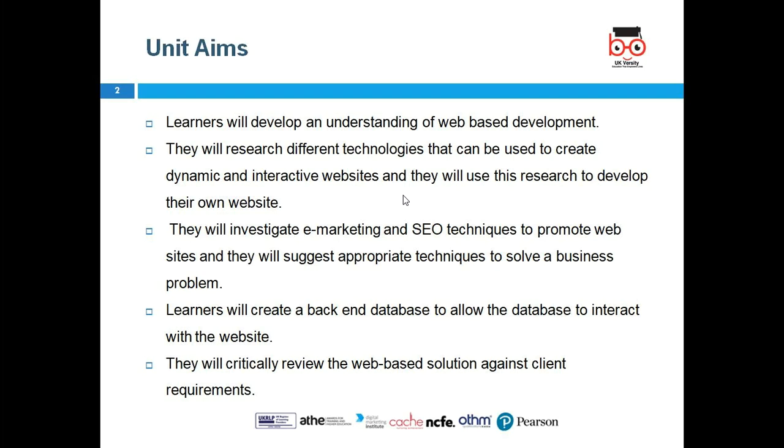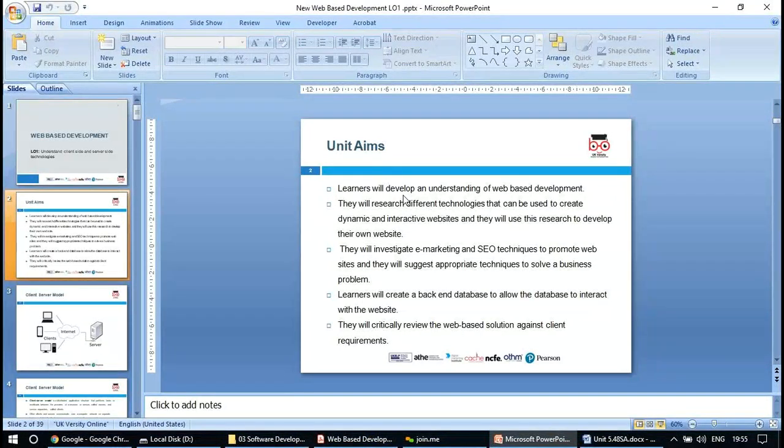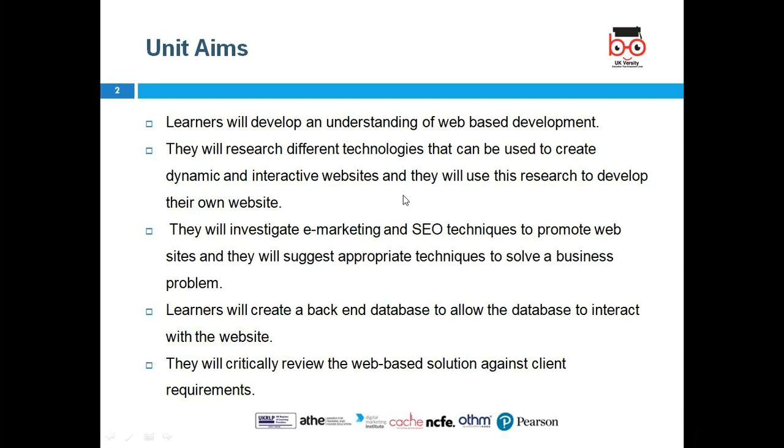So can I ask a question? What is the difference between a static web page and a dynamic web page? A static web page has the data written or hard coded on the web page, whereas a dynamic web page would have to call a server or a database to retrieve the data to update it.